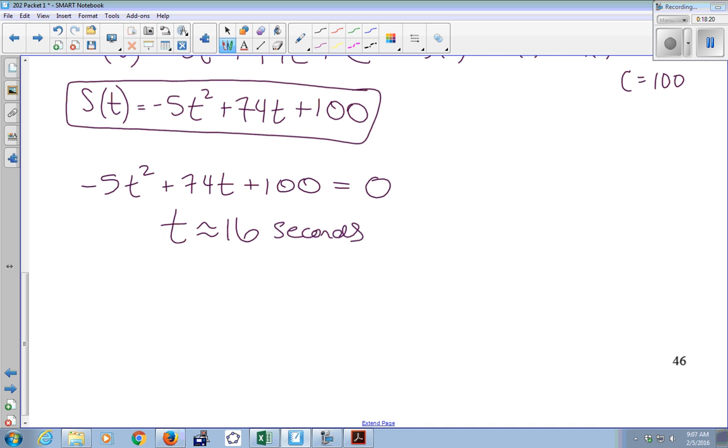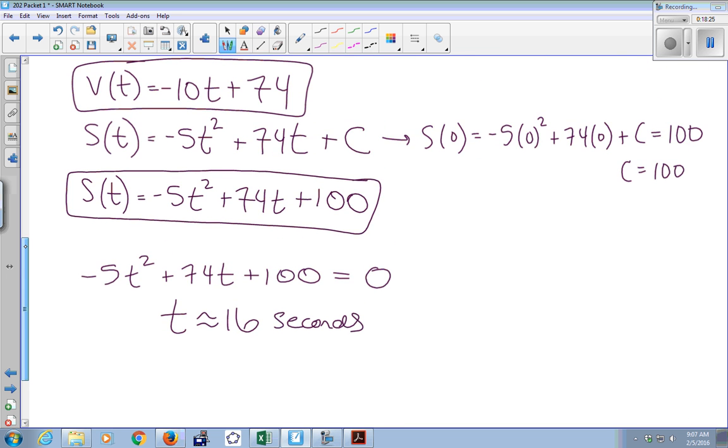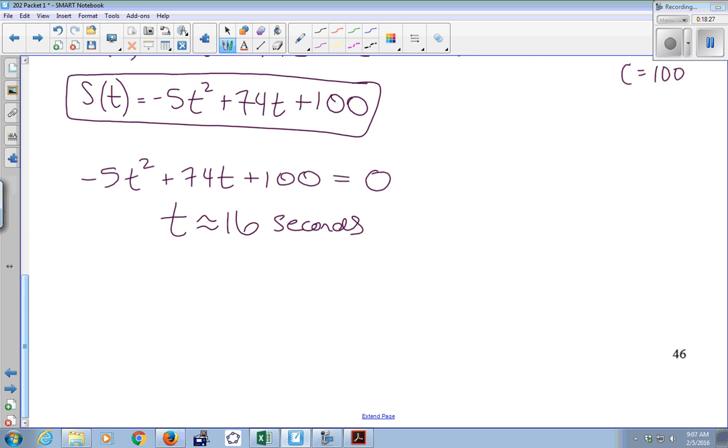All right, so that is the time that it hits the ground, but the question that we were asked is what is its velocity when it hits the ground? So I need to take the velocity at 16 seconds.